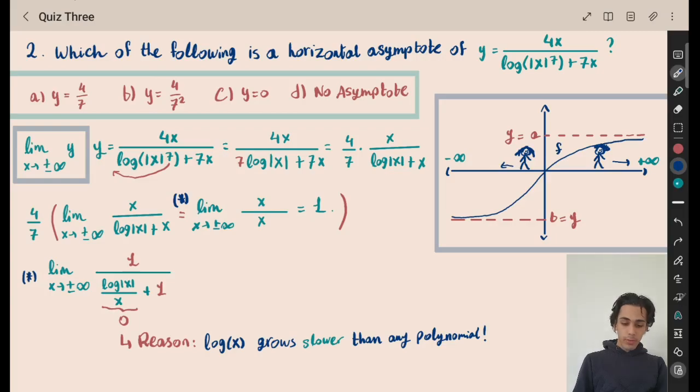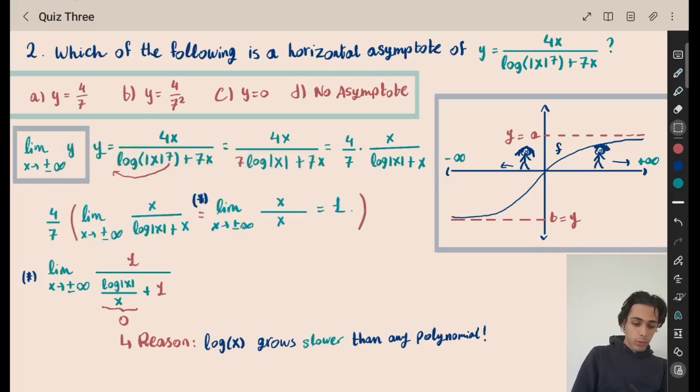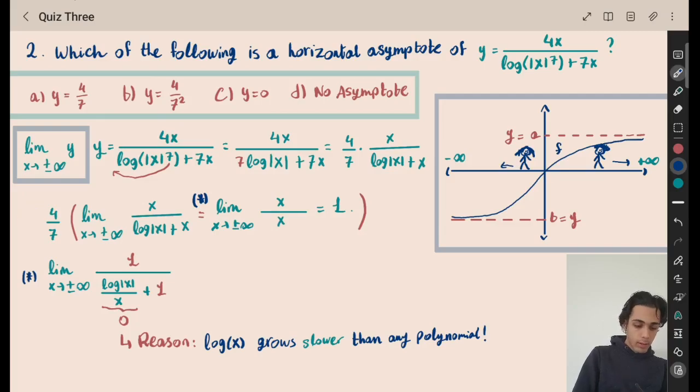And well, if that is equal to 4/7, I hope you don't mind if I call this limit L. So I'll call it L, but I won't write it. So L is 4/7 times the limit, which we've just computed to be 1. So the limit is actually equal to 4/7.